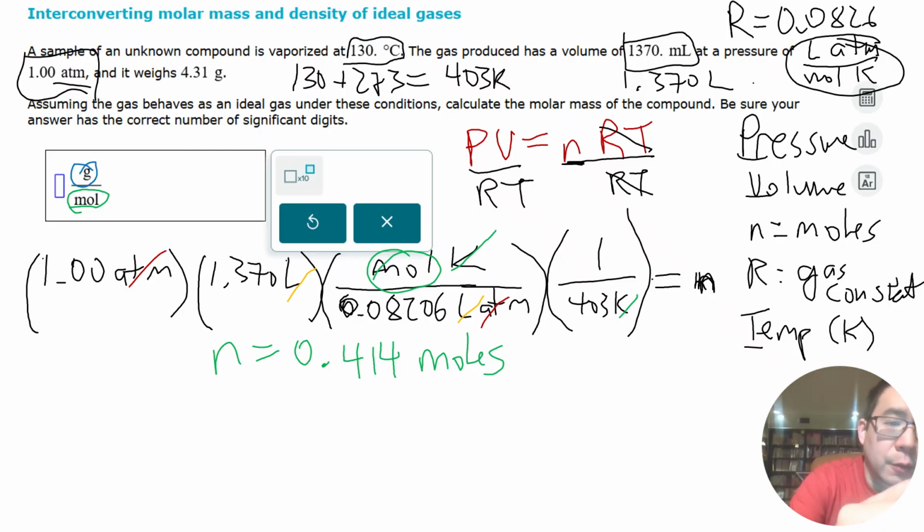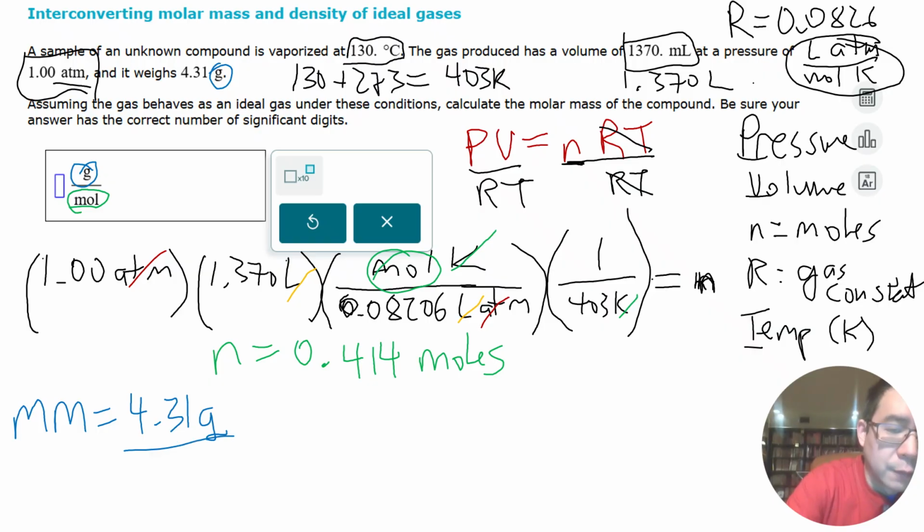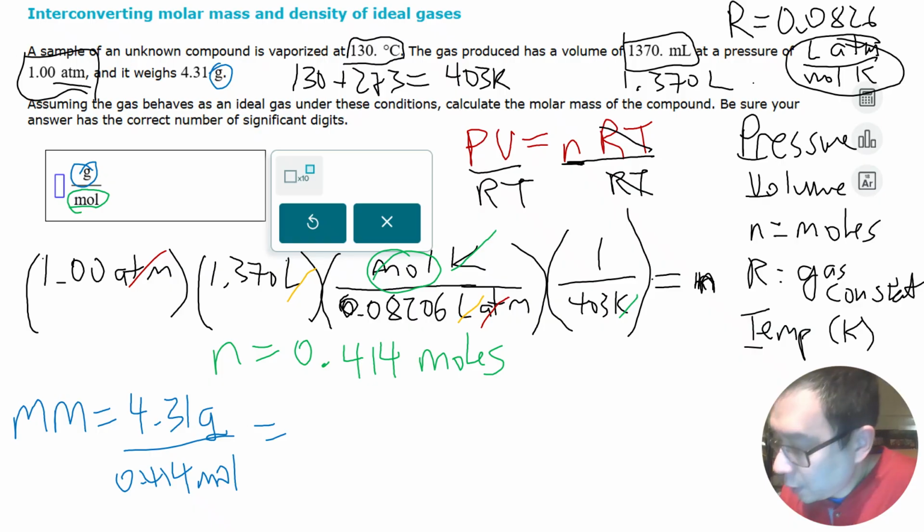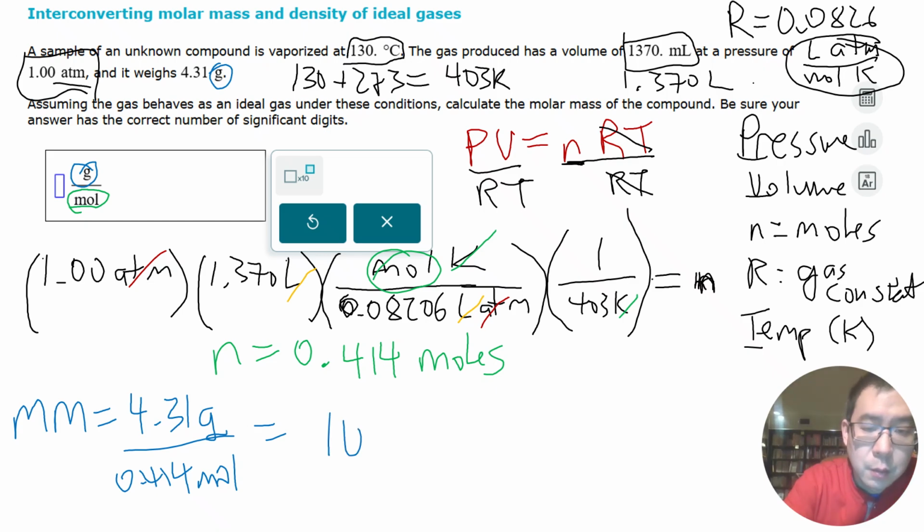Grams comes from here, so I get the molar mass equals 4.31 grams divided by 0.414 moles. When I do that math, 4.31 divided by 0.414, I get 10.4 grams per mole.